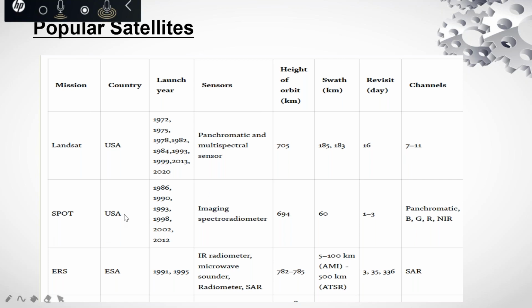Similarly, we have SPOT, which was also developed by USA. It has an imaging spectral radiometer, as we said, which is used to detect underlying characteristics of various regions. And they have channels of panchromatic, BGR and near infrared. Next is ERS, which was developed by European Space Agency. We have IR radiometer, microwave sounder, radiometer, and SAR.